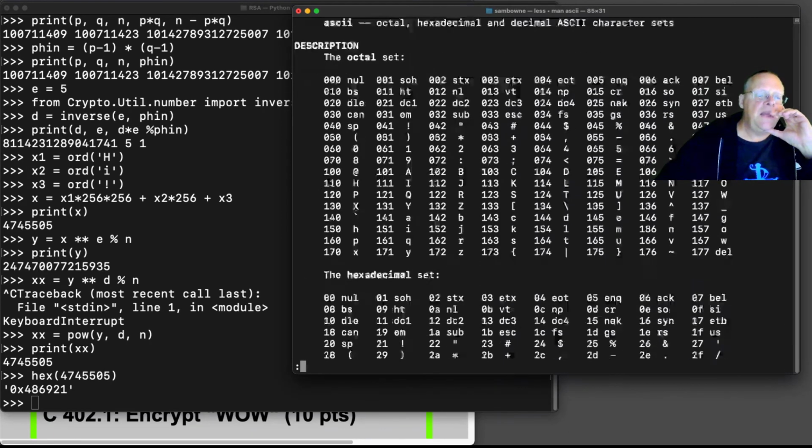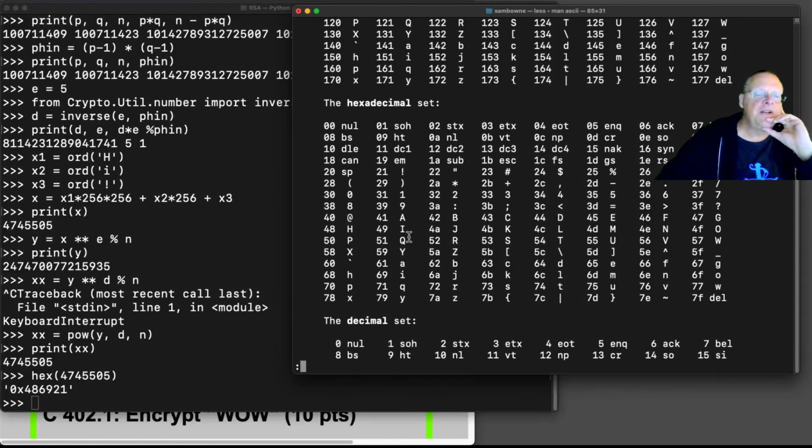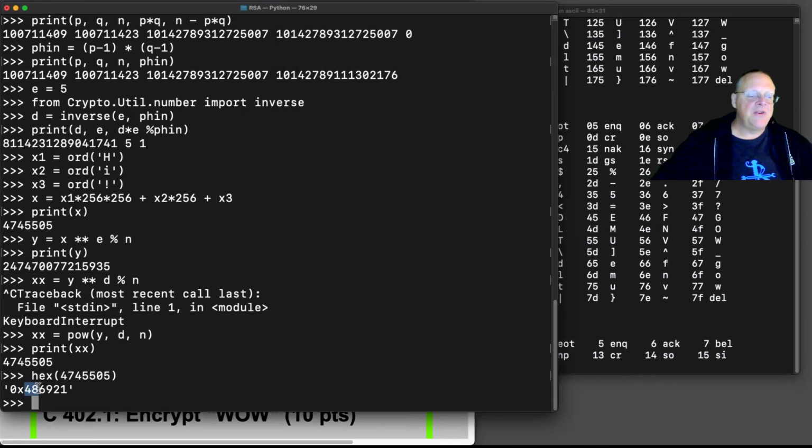And that's octal. Here's the hexadecimal set. So I have 48, 69, 21. 48 is H, 69 is I, 21 is exclamation point. So that's another way to get this. That's all that's going on here.